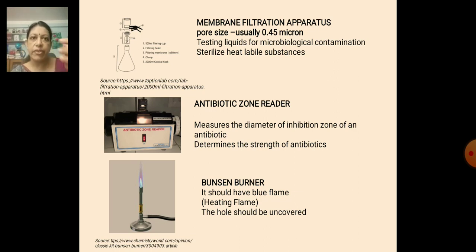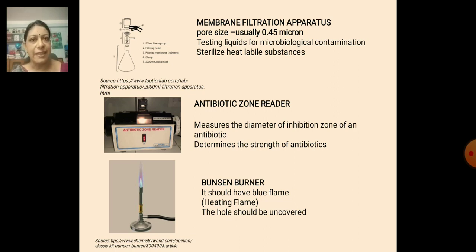Now, after 24 hours or 48 hours of incubation, we will check how much area around that well has no microbial growth. And this is the zone of inhibition. This zone of inhibition indicates the effectiveness of the antibiotic against that particular species of microorganism. And to read that zone, we can use the antibiotic zone reader.